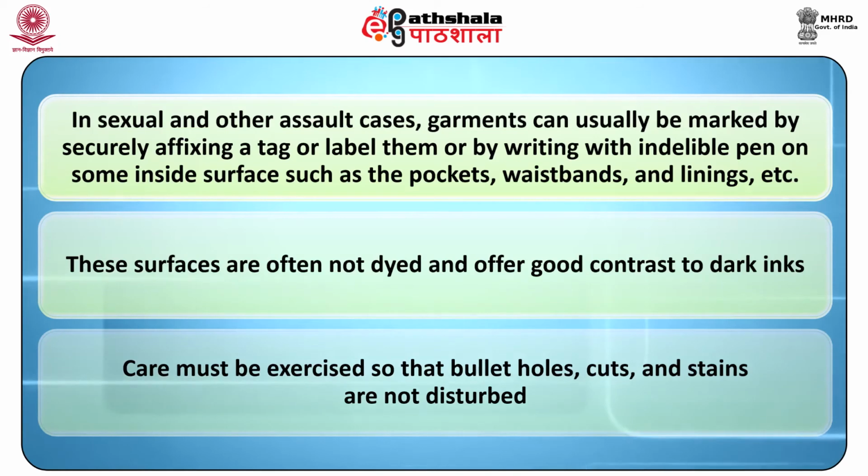With very small items such as trace evidence, it is obviously impossible to mark the evidence itself, so only the packaging can be marked. In sexual and other assault cases, garments can usually be marked by affixing a tag or label, or by writing with an indelible pen on inside surfaces such as pockets, waistbands and linings. These surfaces are often not dyed and offer good contrast to dark inks.